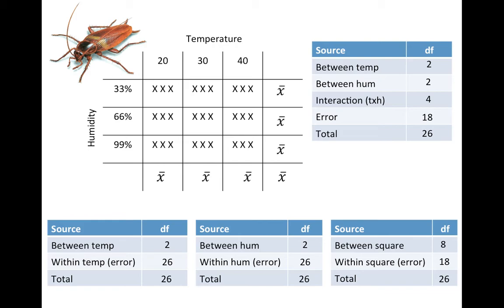The full ANOVA table will of course also have sum of squares and mean square. And the mean square for between temperature is just the variance calculated over the means of temperature. And that is the same for the mean square between humidity. It's the variance calculated over the means over humidity.